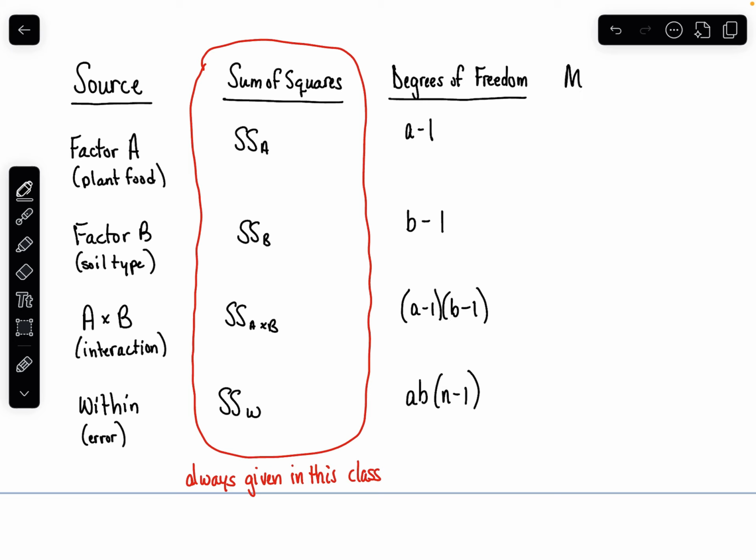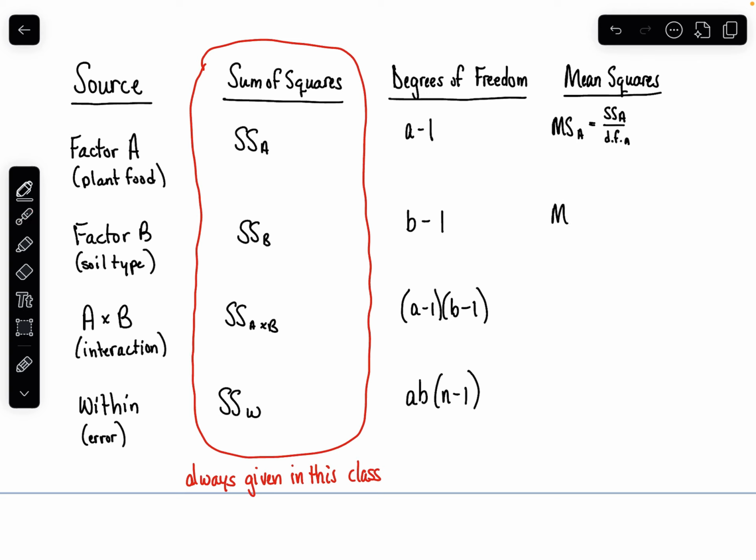After degrees of freedom comes the mean squares. The mean squares are always found, just like with one-way ANOVA, by taking the sum of squares divided by the degrees of freedom for that factor. So we would take, quite literally, the sum of squares for factor A divided by the degrees of freedom for factor A, and that would be our mean squares.